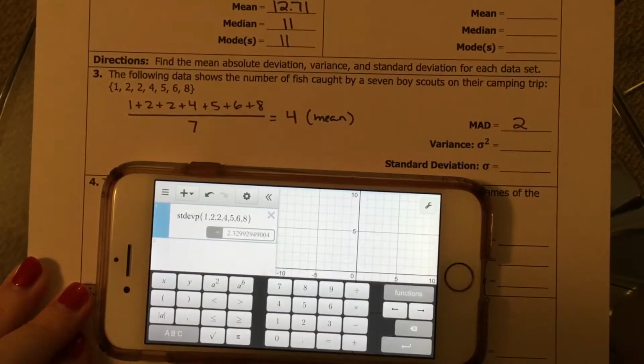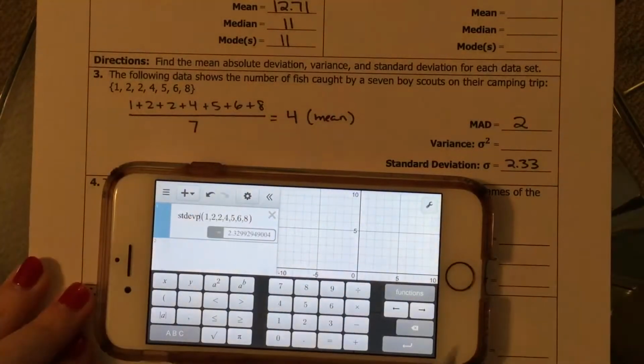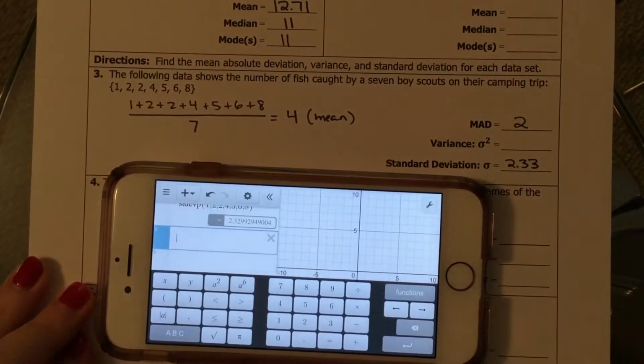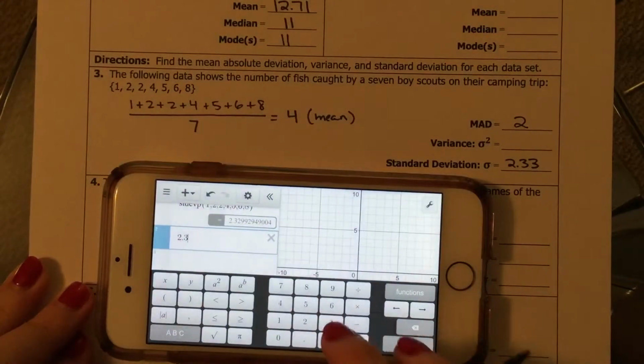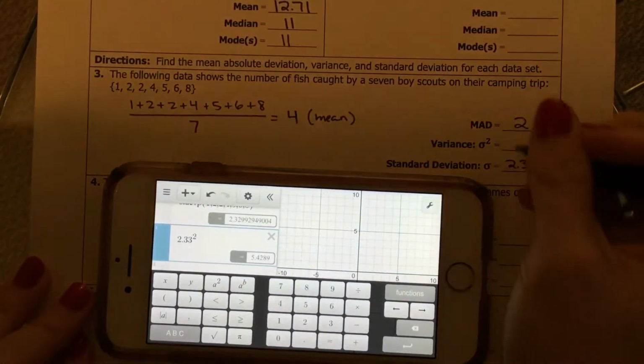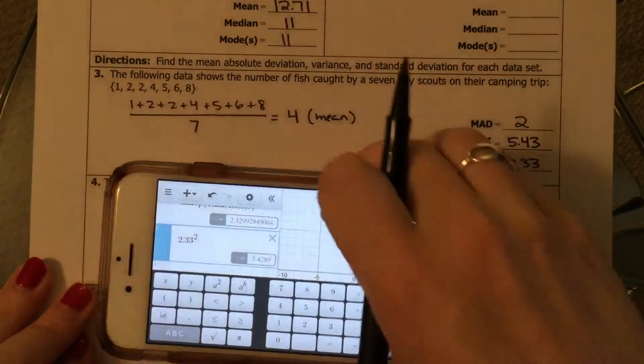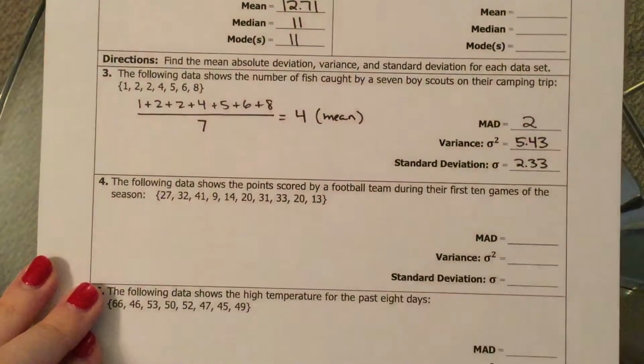Let me see what I have written down. Oh yeah, 2.33 is fine. And then the variance isn't quite right on these, so it's a good idea to just take this value that you find and then square it. So you end up with about 5.43. Okay, so that's the calculator work for all 3 of these quantities that we're looking for.